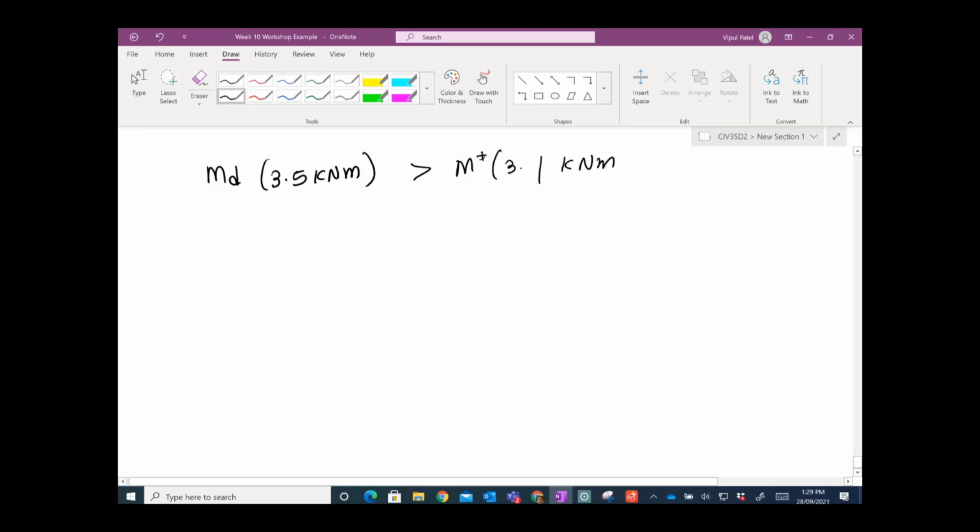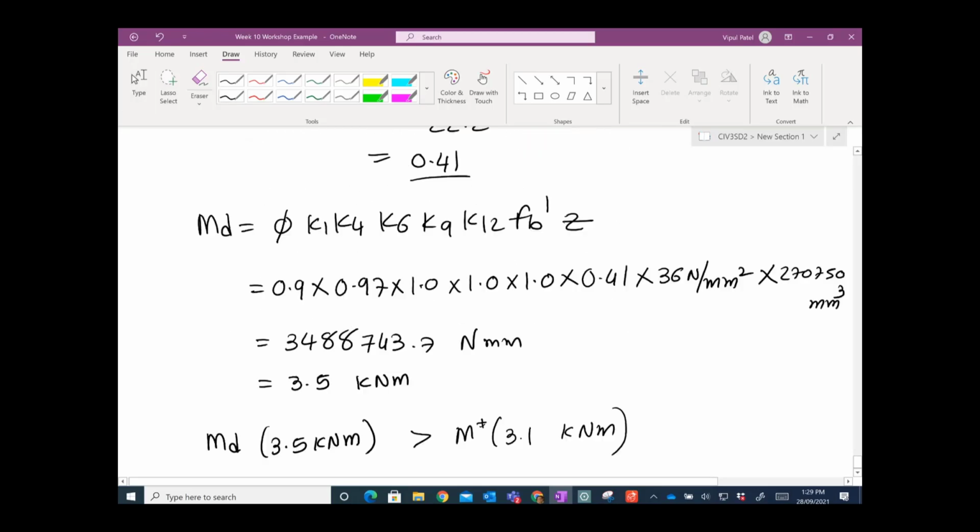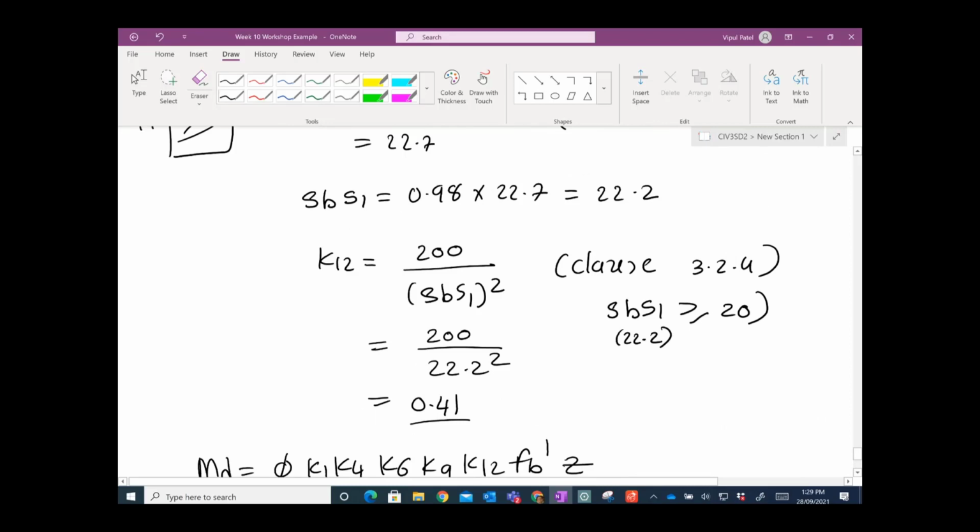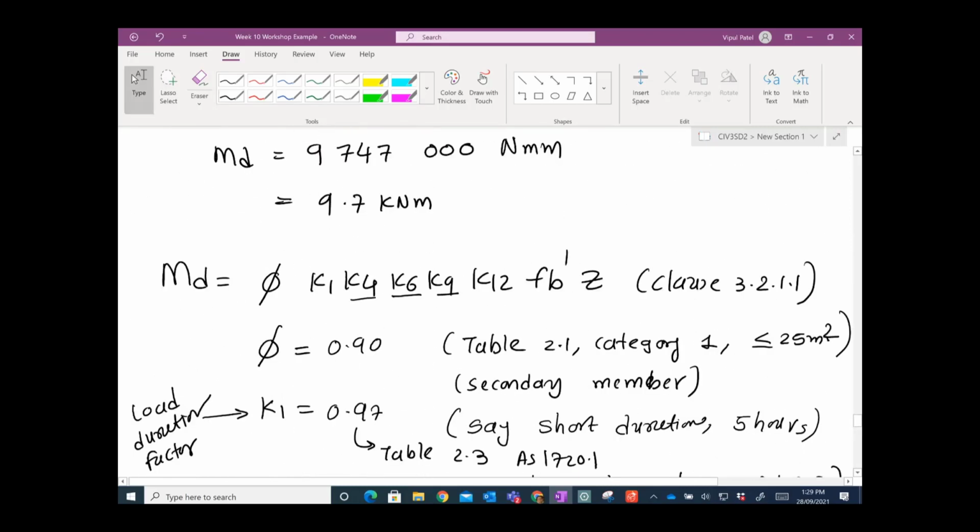In the real world, I think this is a very close call, meaning that you just need to optimize a little bit, just boost it up a little bit. But in theory, it's okay. But on paper, in practice, you might need to reinvestigate and just increase the size by one size up.